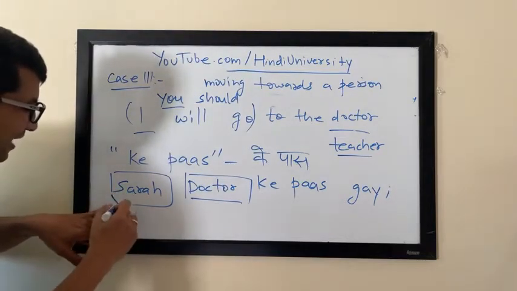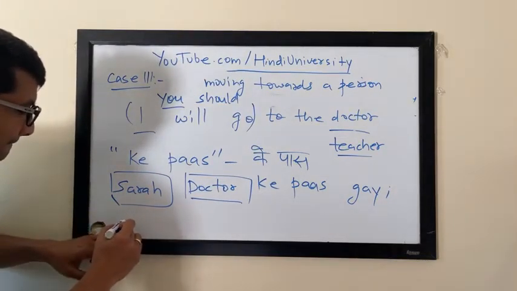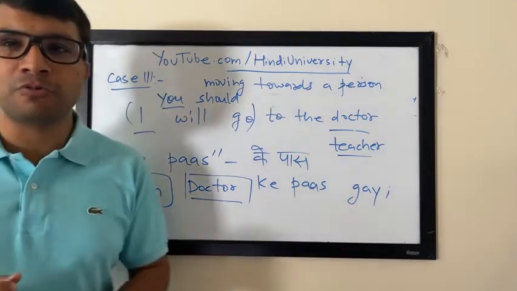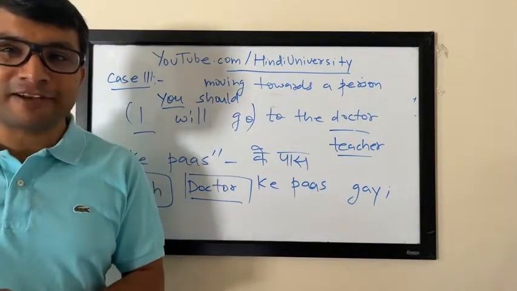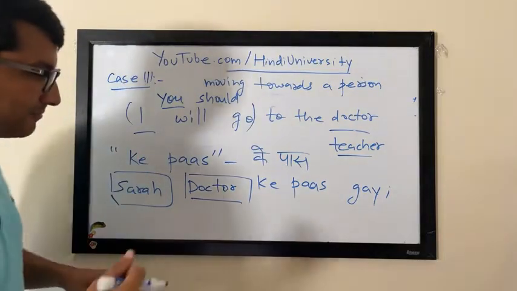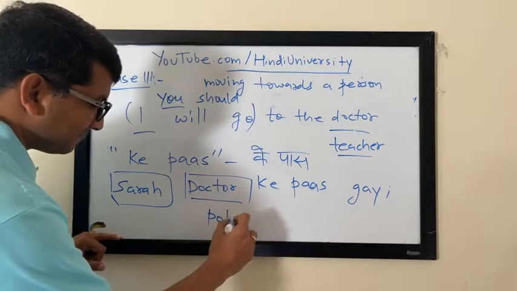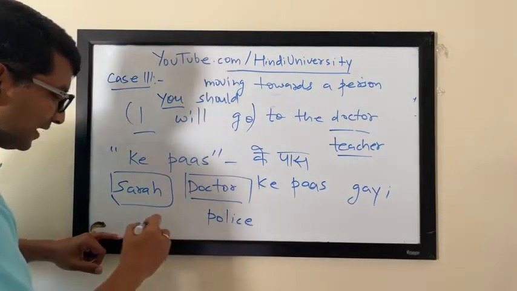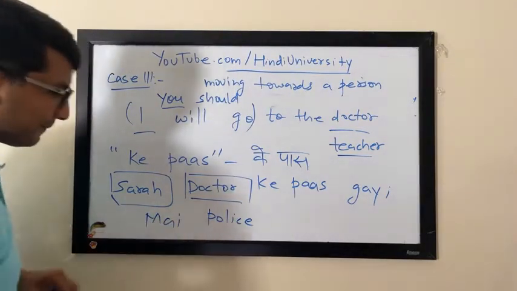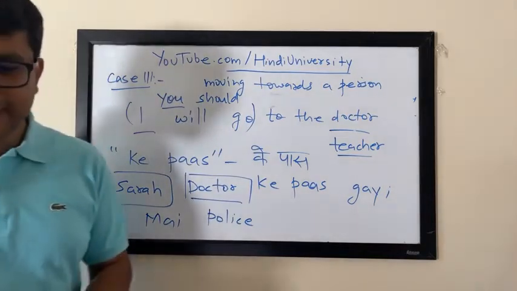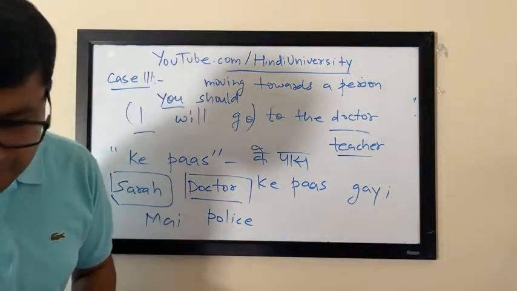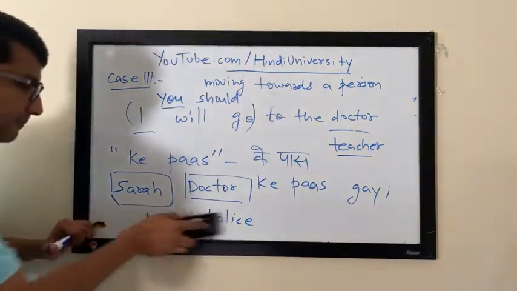Just change the name from Sarah to something. Let's say there was a theft. Who do you go to? पुलिस के पास गया था. Okay, मैं पुलिस के पास गया. Awesome, right?